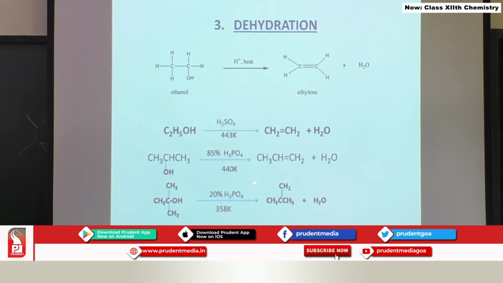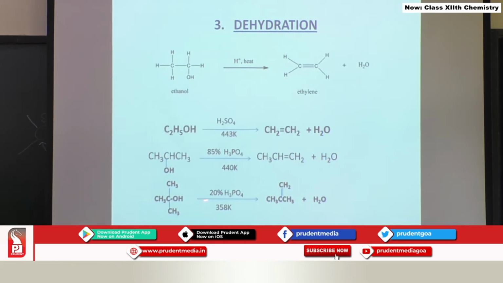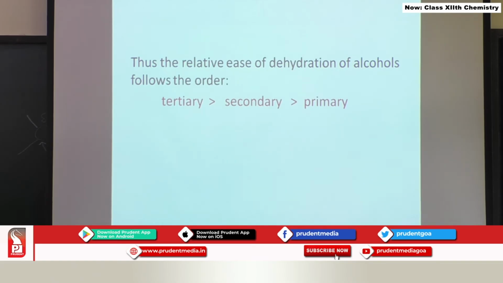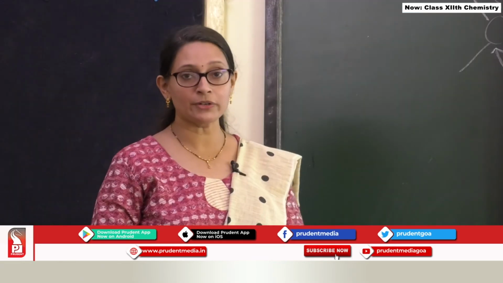And if you are making use of tertiary alcohol, the reaction conditions are still milder. You require only 20% phosphoric acid and you are going to get an alkene. So what is the ease of carrying out dehydration? Tertiary undergoes dehydration faster or more easily than secondary and then primary alcohol. That is what we can conclude from this reaction.